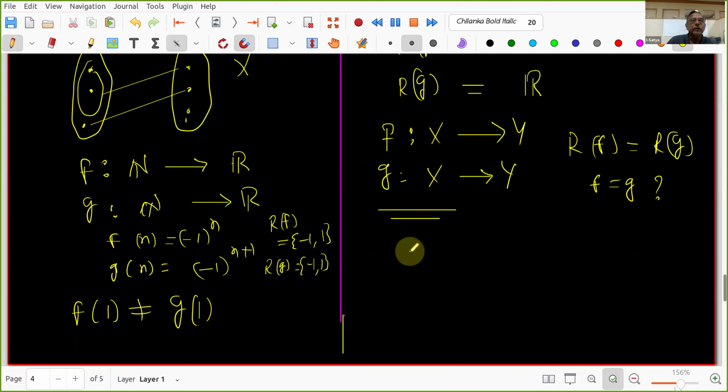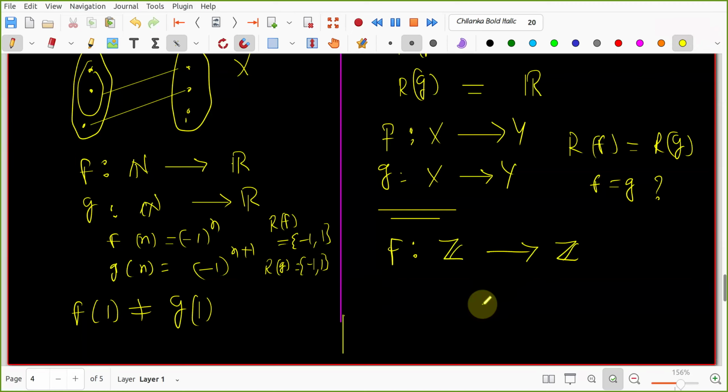Now we will move forward. Actually, yesterday I asked one student, for integers to integers, can you come up with functions? Who is that student?